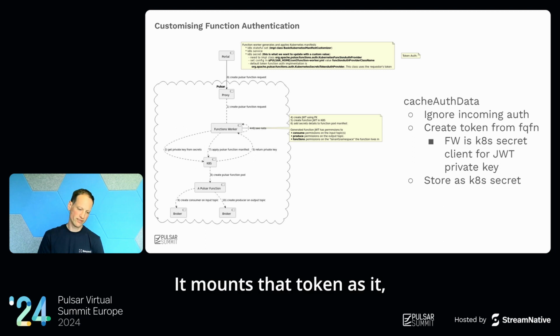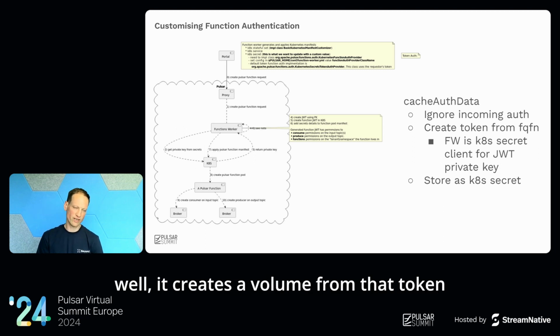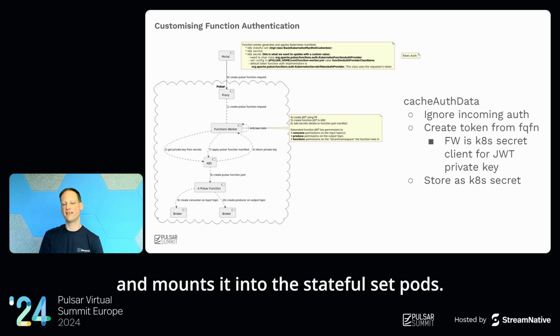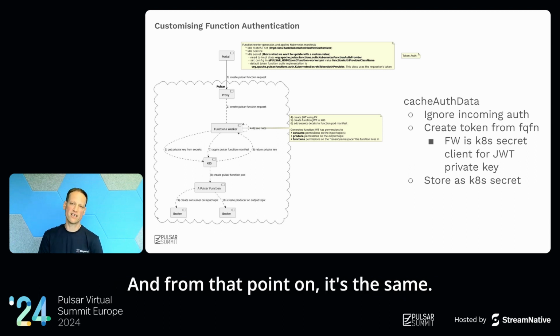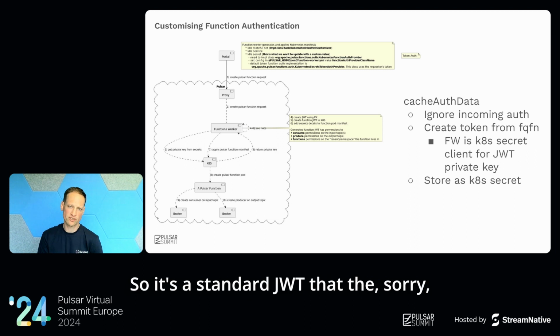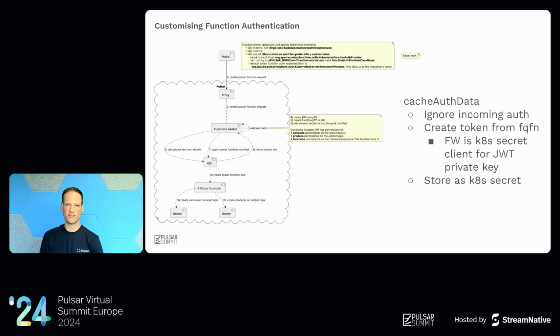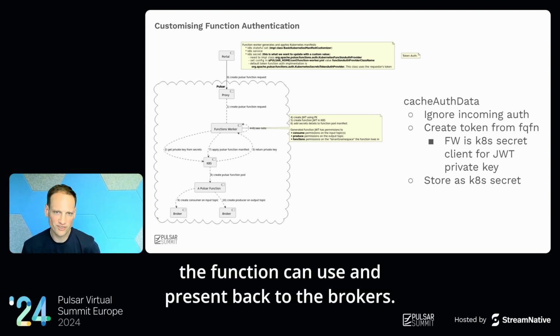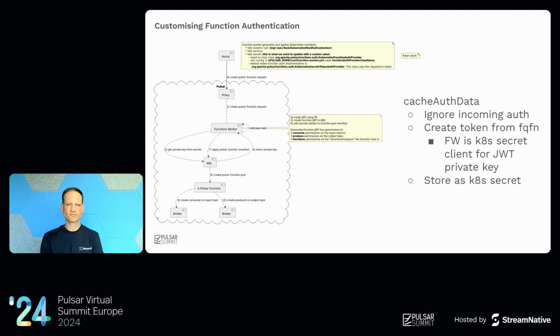It creates a volume from that token and mounts it into the stateful set pods. And from that point on, it's the same. So it's a standard JWT that the function can use and present back to the brokers.